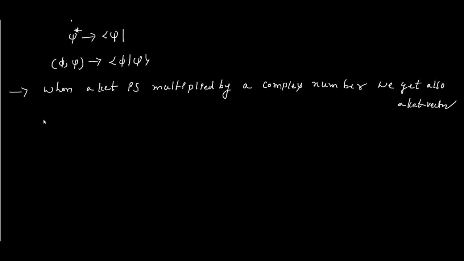For example, A and B are complex numbers. So we can write this complex number like this, A wave function psi.